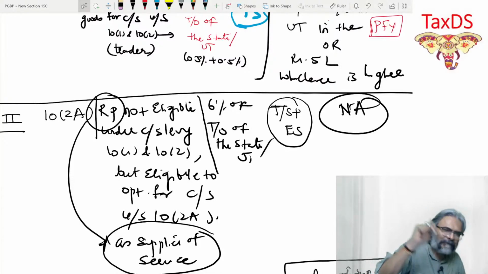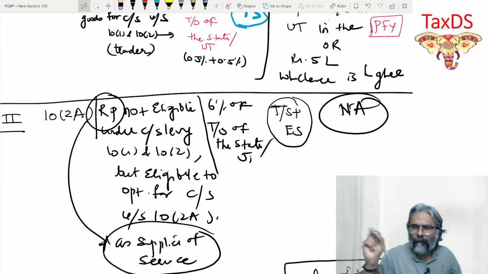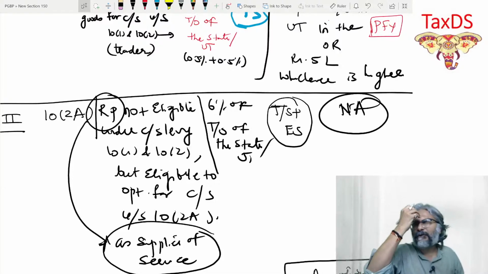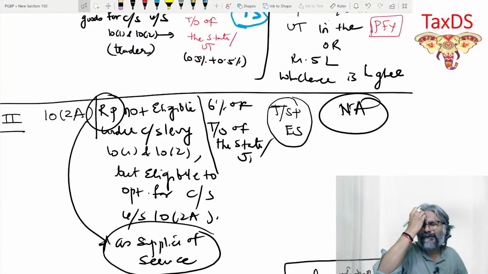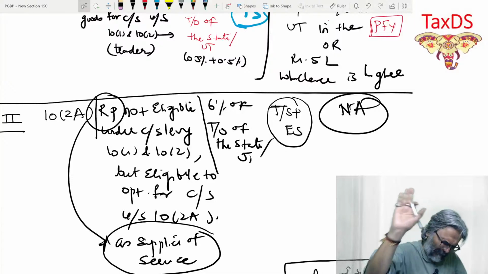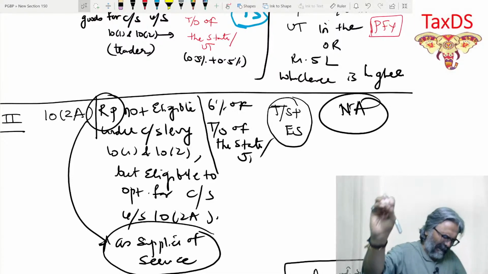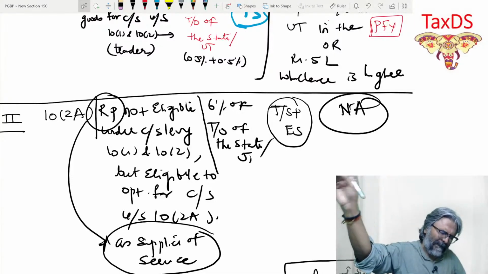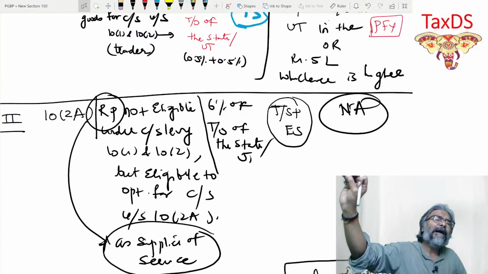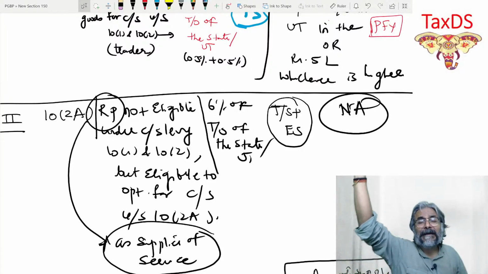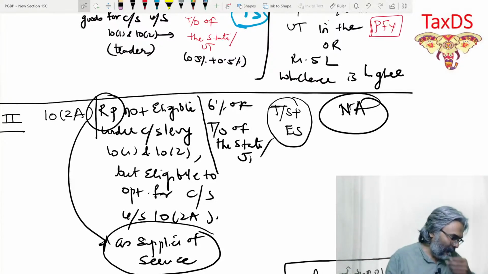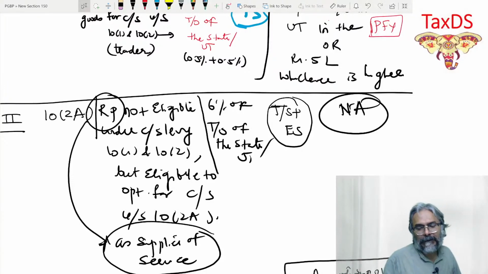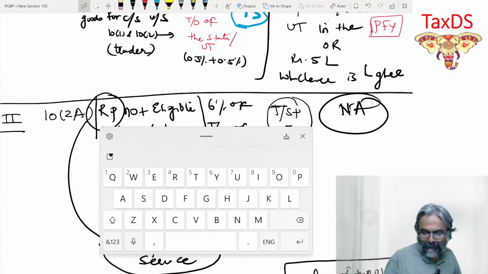Tell me one thing: in the turnover of the state, which includes exempt supply, will you consider interest? The answer is no. Everywhere in the turnover of the state, if there is an exempt supply to be considered, that exempt supply will not include the interest part. Is that point clear to all of you? Everyone?